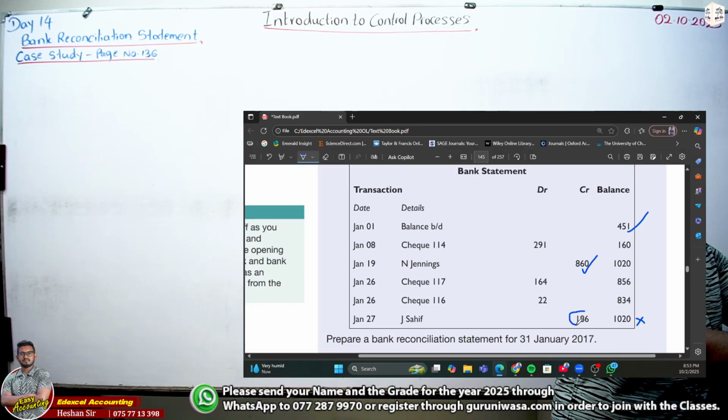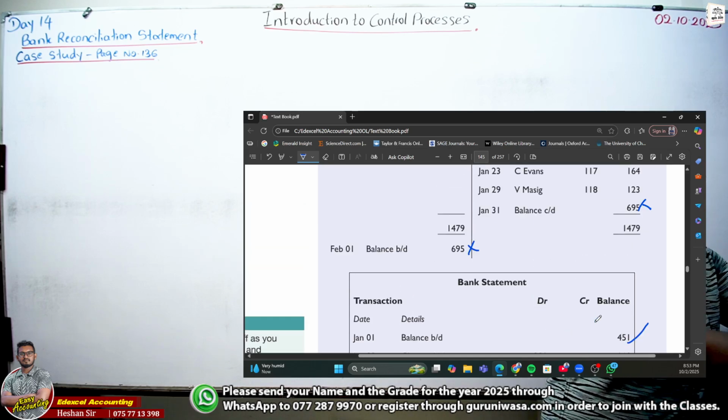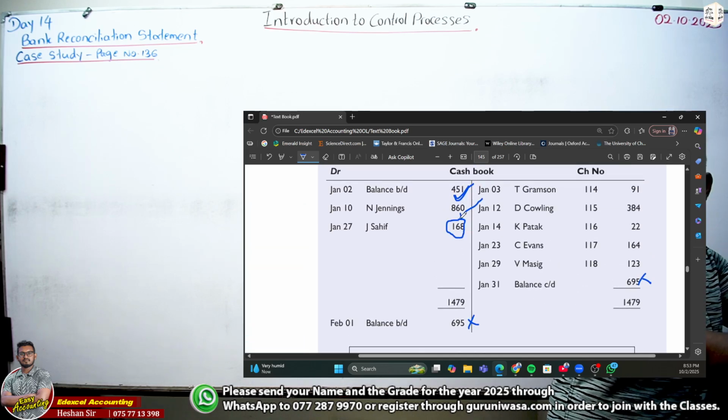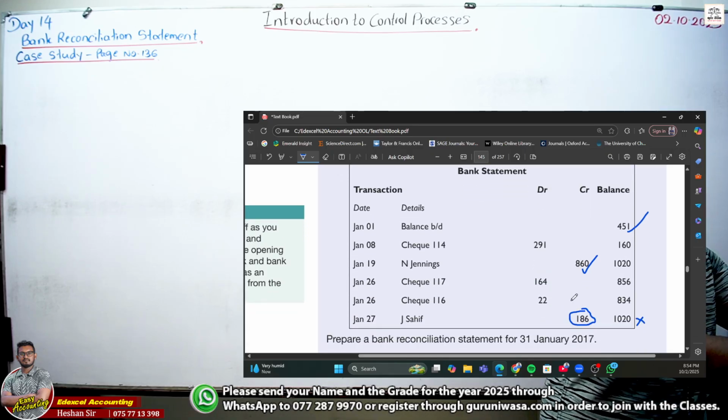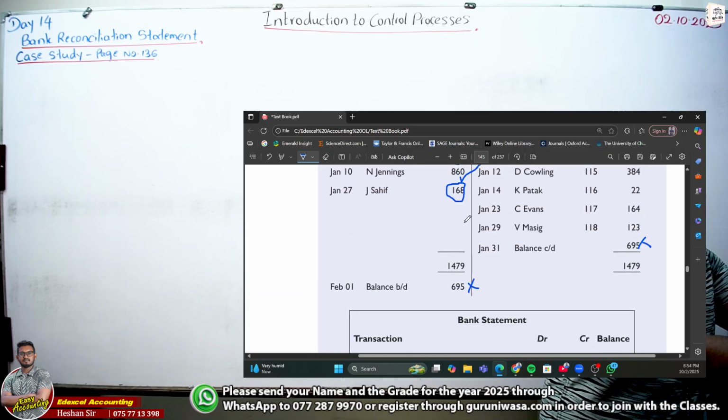Can you see this is a reason for the differences? This 186, circle it, because it's not in here. Circle the 186 in here, not in the other.